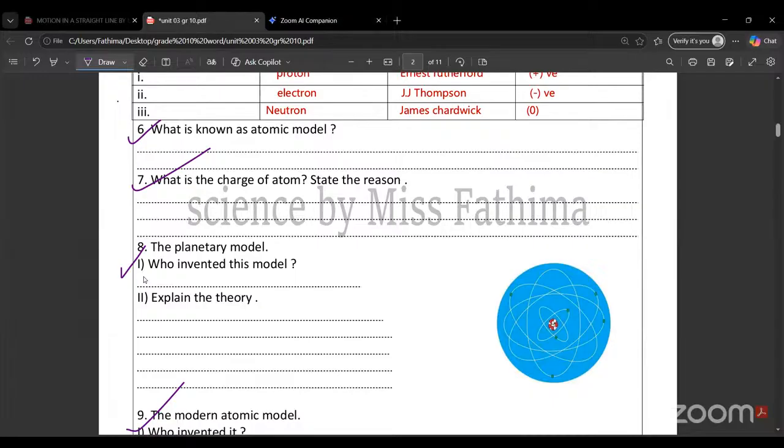Okay. Right. So the question is about what is known as an atomic model.